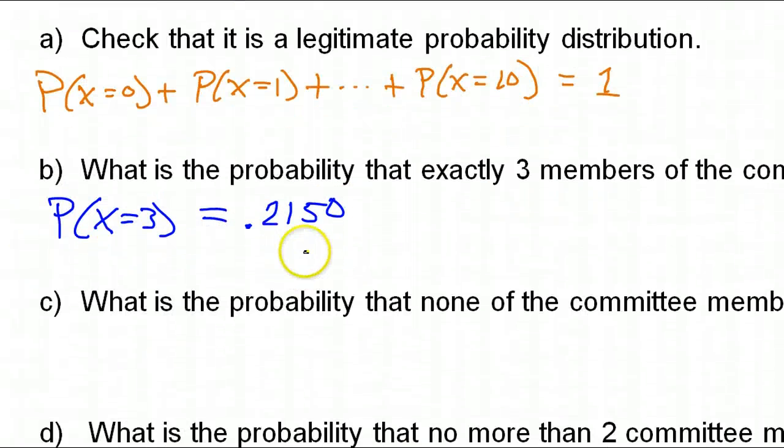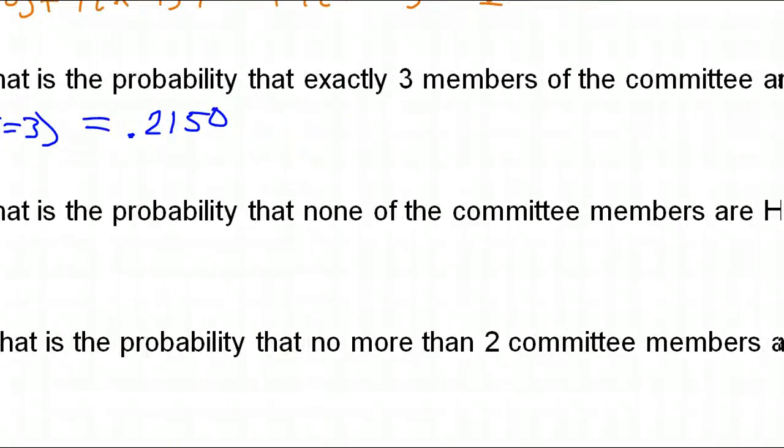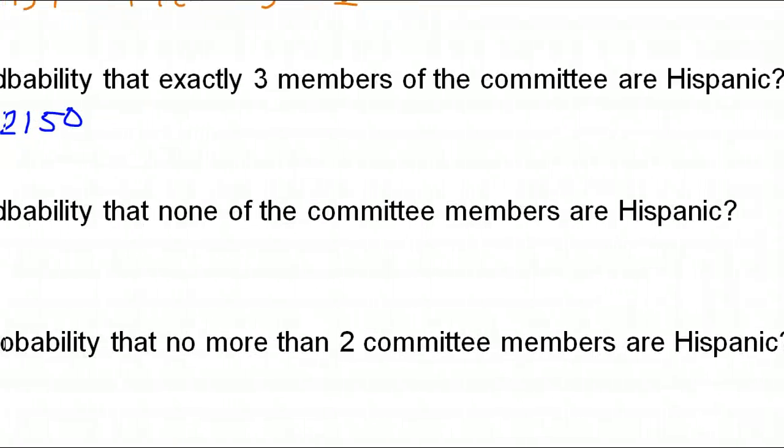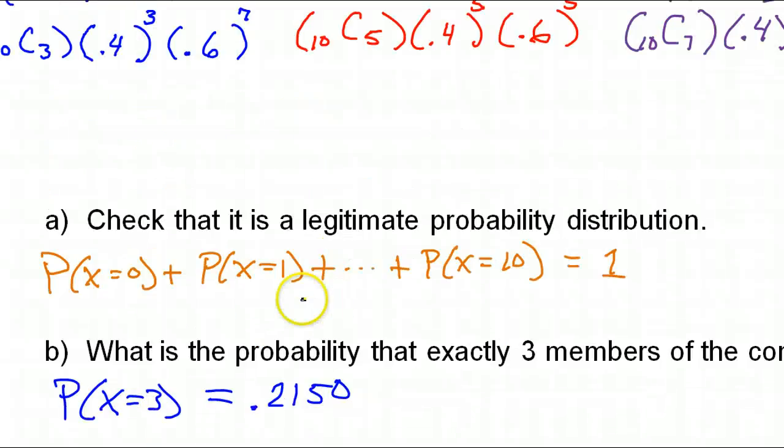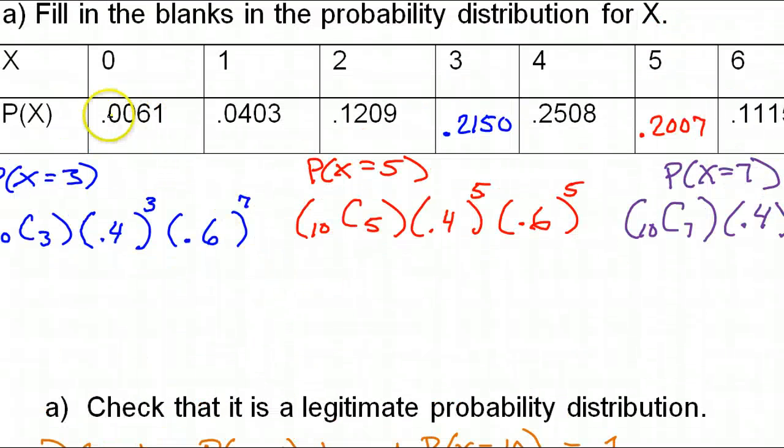Okay, that's exactly 3. What is the probability that none of the committee members are Hispanic? Well, none, that's 0. So that's the probability that x equals 0, 0 Hispanics on the committee. That was given to us, 0.0061.